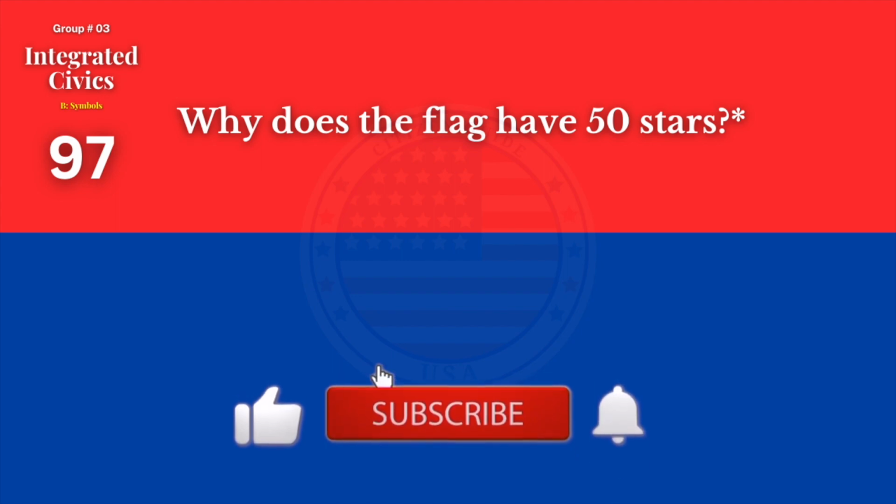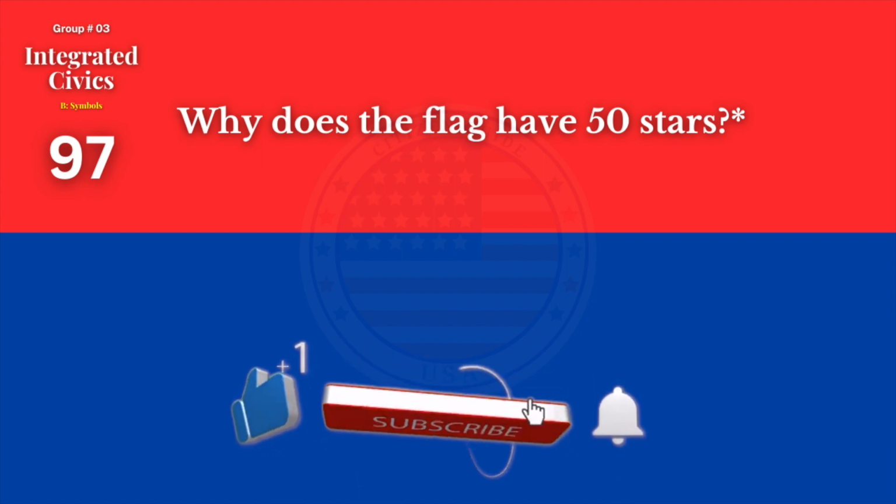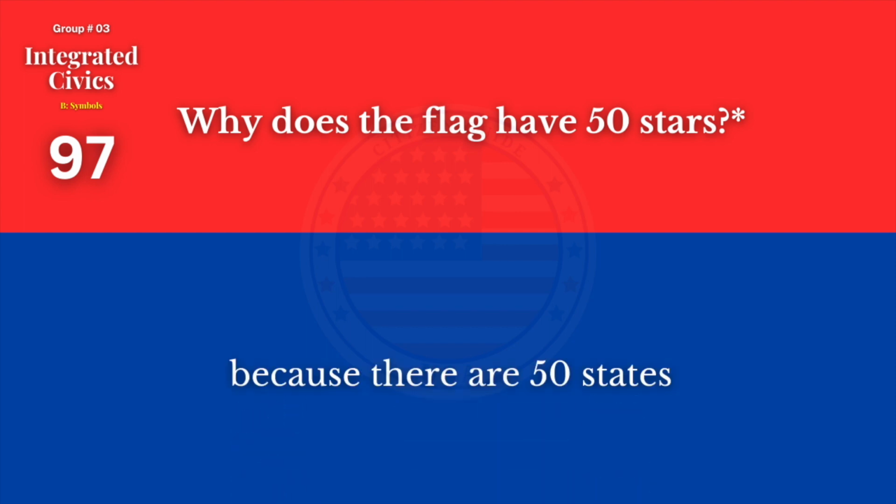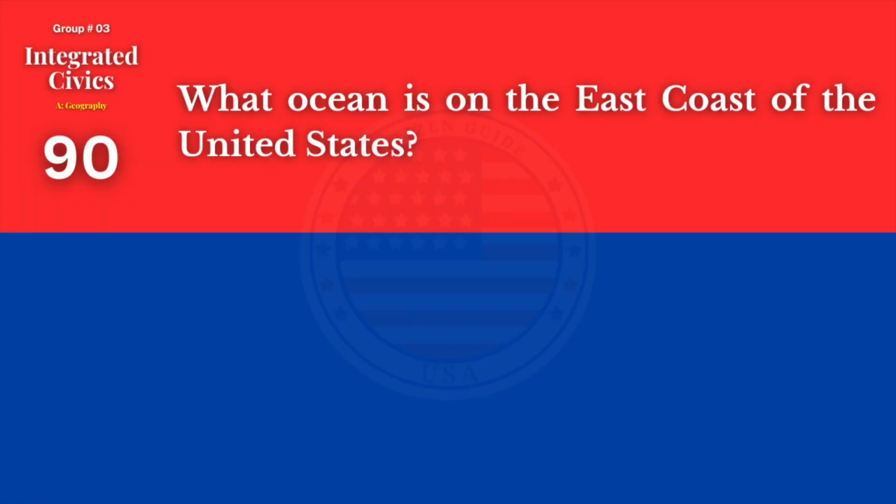Why does the flag have 50 stars? Because there are 50 states. What ocean is on the east coast of the United States? Atlantic Ocean.